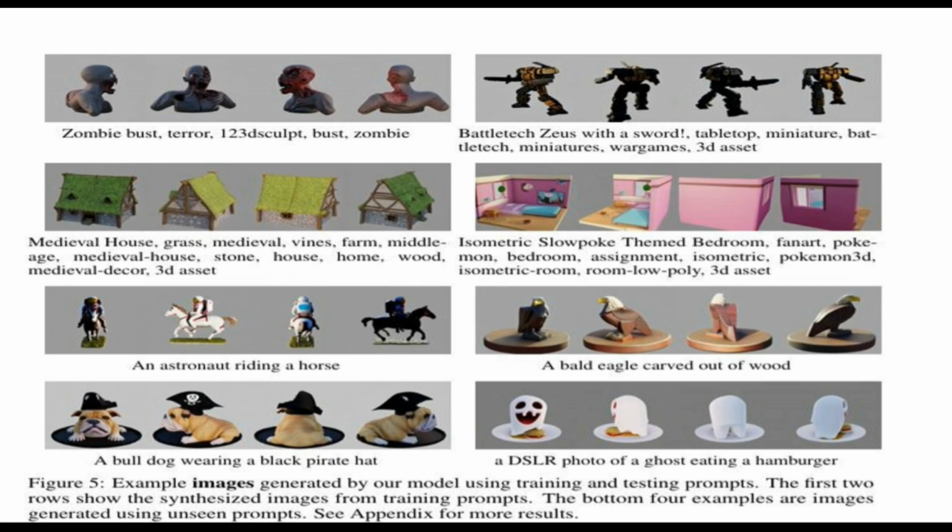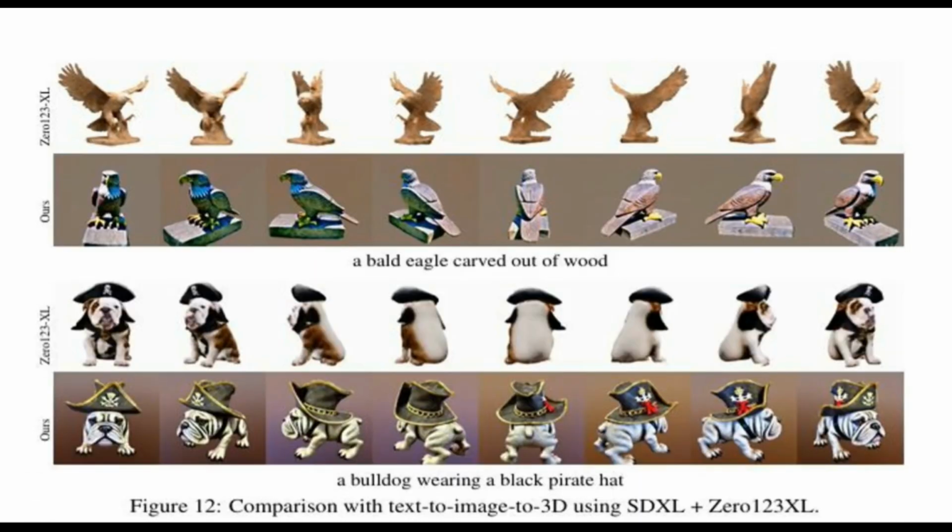So this MVDream balances the creativity of 2D diffusion models with the consistency of 3D data. And dear friends, it improves upon existing 3D lifting methods and even enables few-shot fine-tuning. It can be trained on personalized 3D objects while preserving structural integrity.